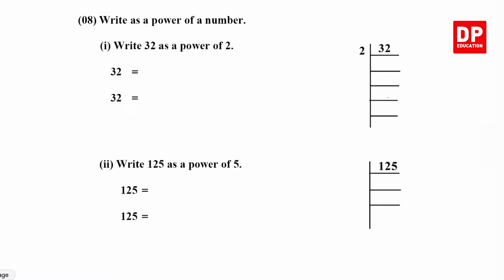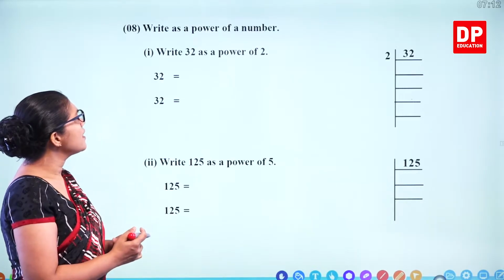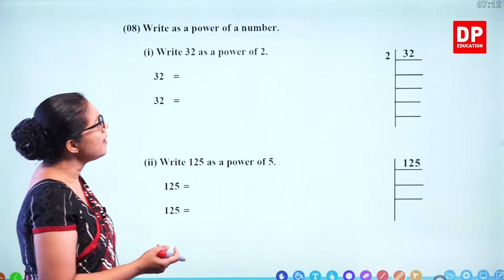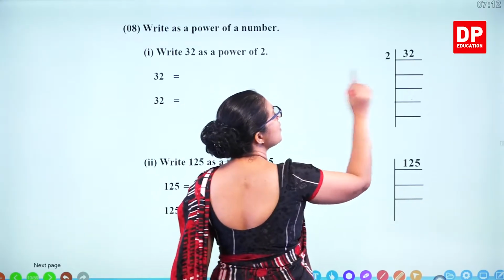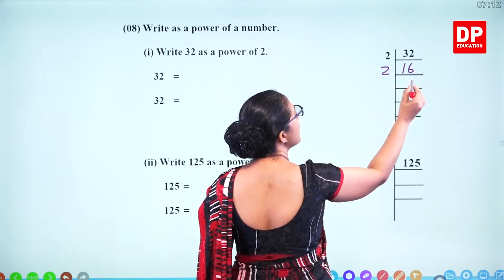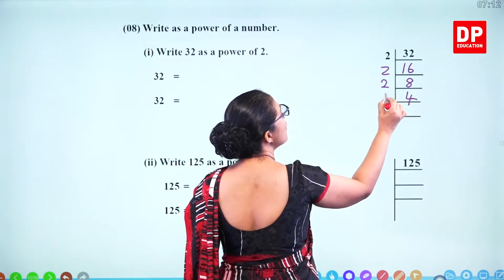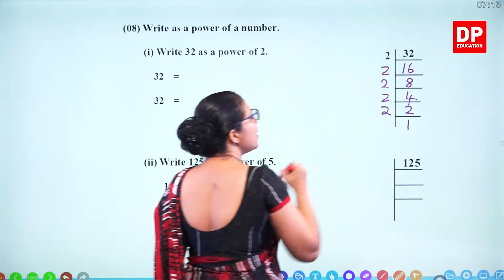Write as a power of a number. First one, write 32 as a power of 2. What you can do is divide and see. We can divide by 2, you get 16. Divide by 2 again, 8. Divide by 2, you get 4. Divide by 2 again, 2, and divide by 2 again, you get 1.